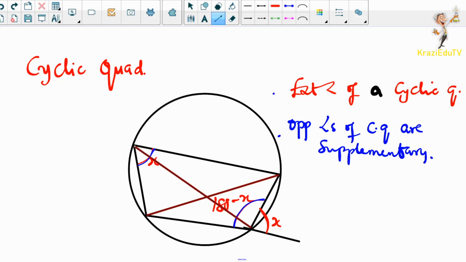Once you have that same segment section again, that tells you it's a cyclic quadrilateral. This angle here is also equal to that angle, which takes us back to the same segment stuff. That's another way of proving a cyclic quadrilateral.